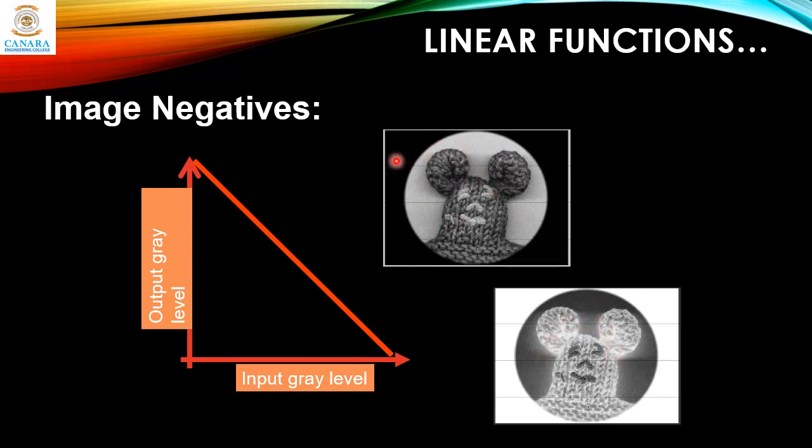Inside the rectangular area you have this black part, and that has been turned into complete white here. And in the foreground also, wherever you have white, it has turned into black, and wherever you had black, it has turned into white. So this is basically a negative in a film.